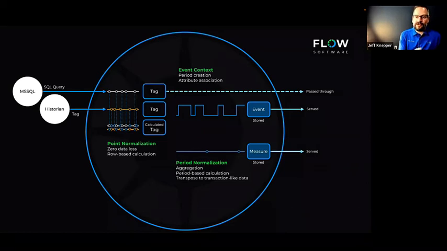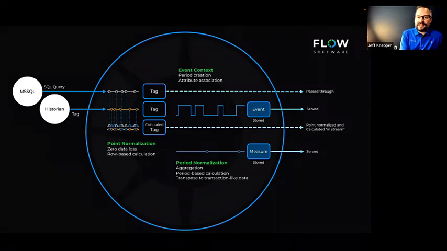Additionally, you want to make sure that you can pass the calculations you're running through in real time. So those calculations have been point normalized, and now, in line, in process, I can grab those calculations through that API as well.